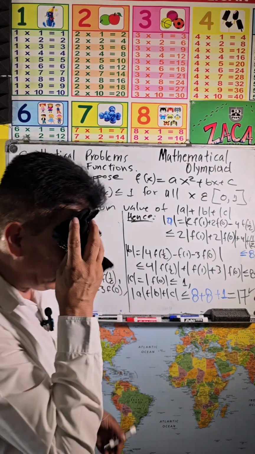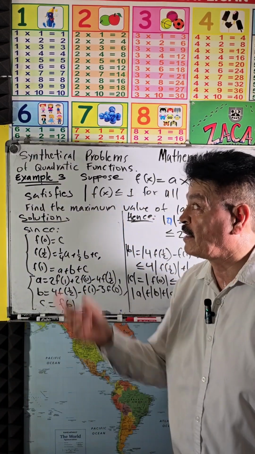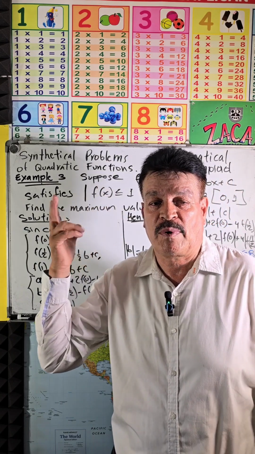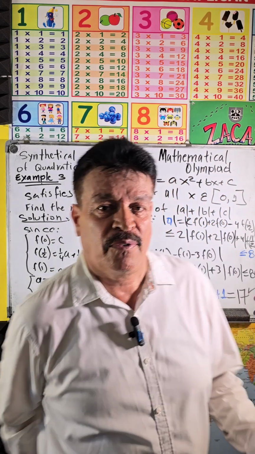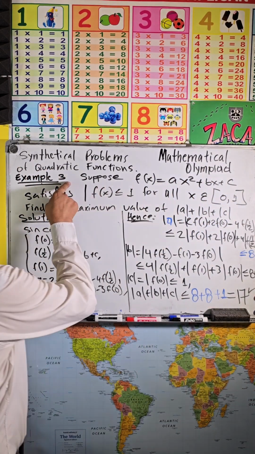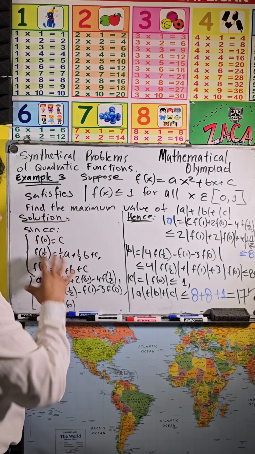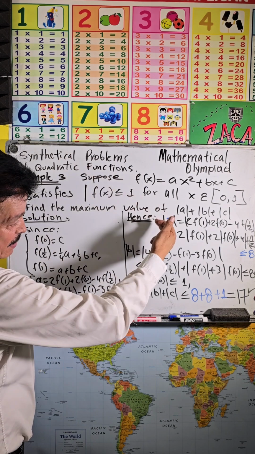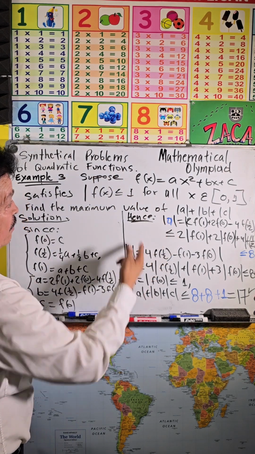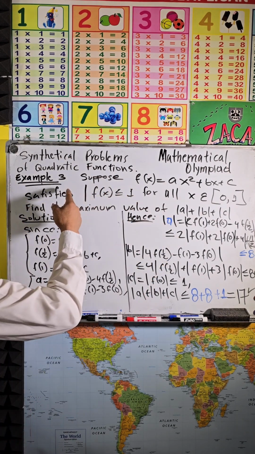Remember, the base to solve this problem was in problem number 2. I did problem number 2, and then continued with example number 3, which has all the information right here. I keep all the information for you, step by step, A, B, and C. Look at the question.